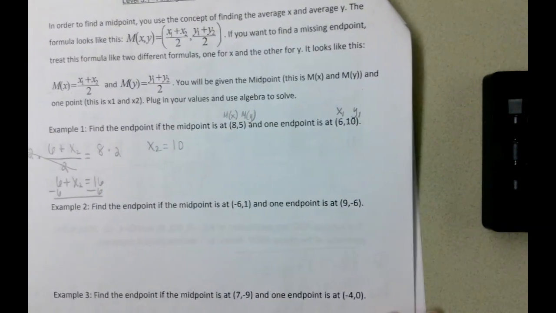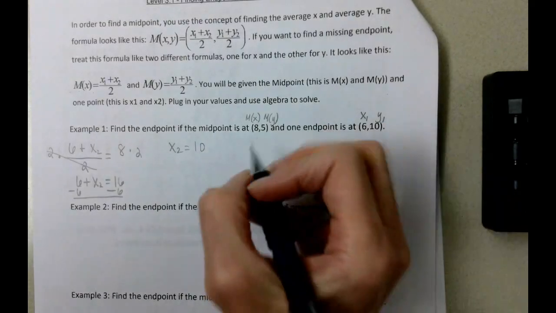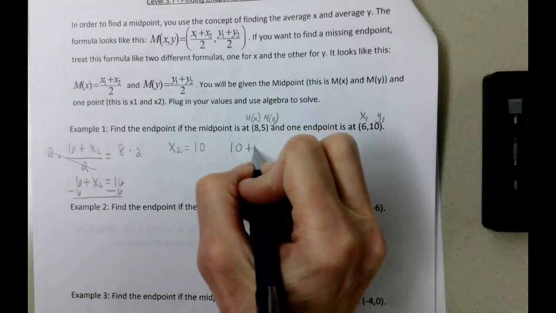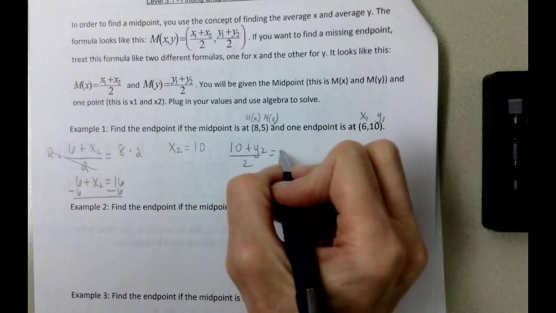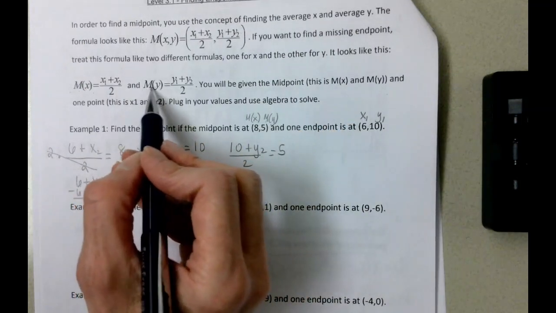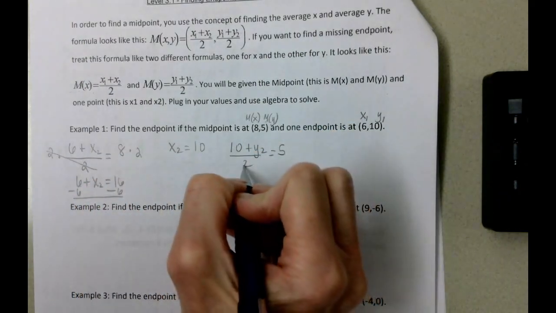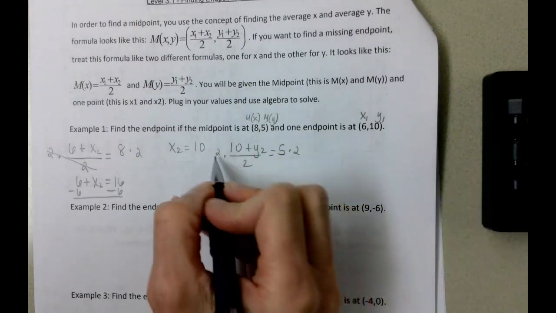We do the same thing with the y's here. y1 plus y2 divided by 2 equals 5, the my. Here's the my. We need to undo the division. Multiply by 2. Multiply by 2.